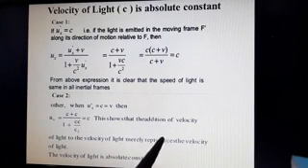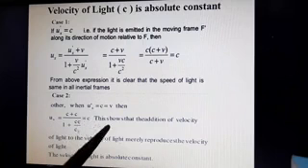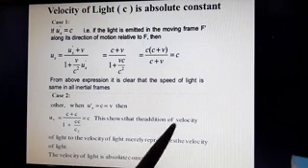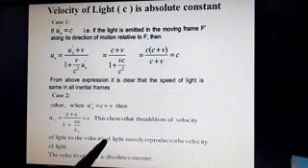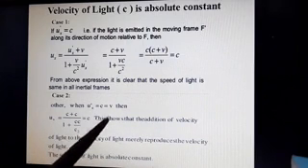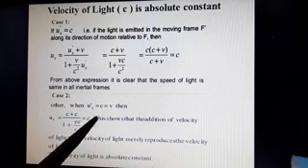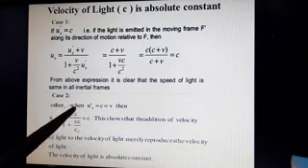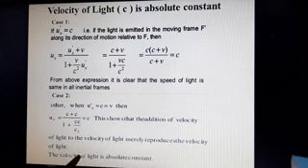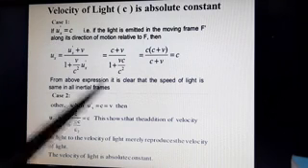It is not 2c. If we subtract, c minus c, the answer is again c. It is not 0. It means the velocity of light is independent. So the law of constancy of velocity is proved here. The velocity of light is an absolute constant. So we can say that the velocity of light is always constant.